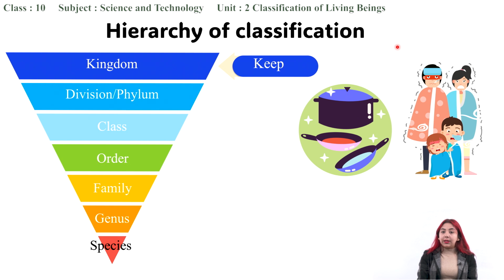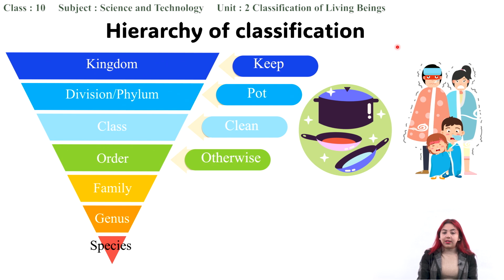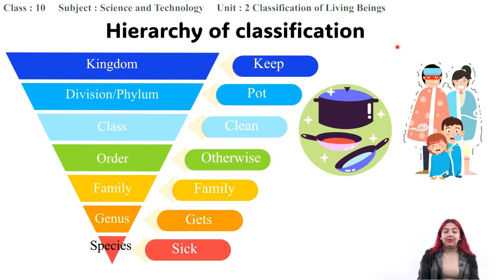K, keep, means kingdom; pot, P, for phylum or division; clean, C, class; otherwise, O, gives order; family; gets, G, gives us genus; and sick means species. So keep pot clean, otherwise family gets sick means kingdom, phylum, class, order, family, genus, and species. This is the specific order for the biological classification, that is the hierarchy of classification.